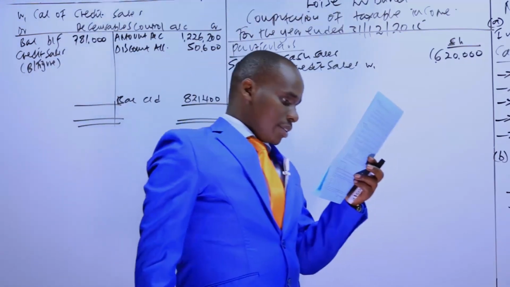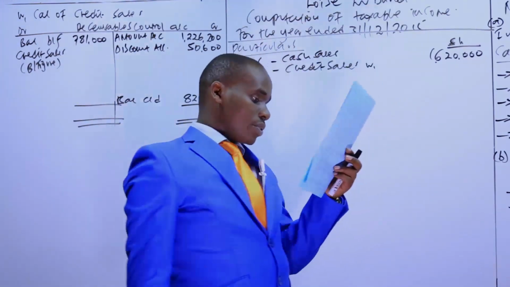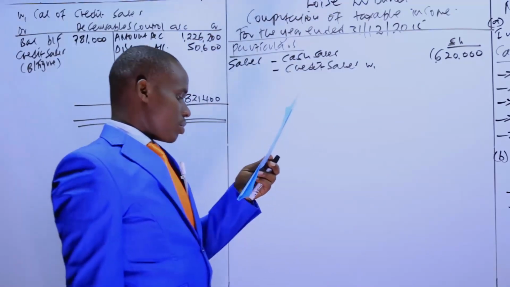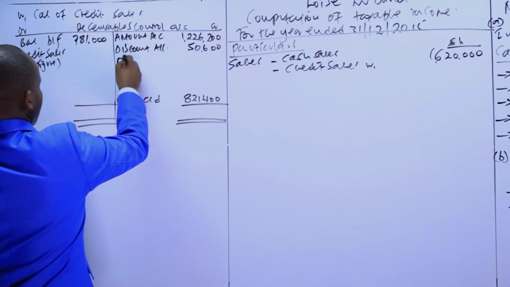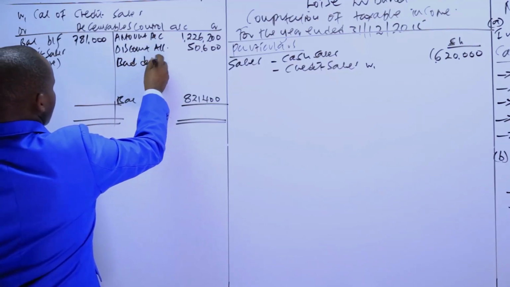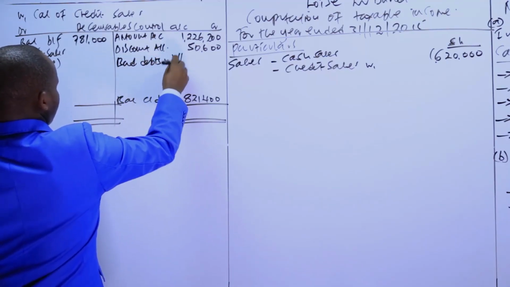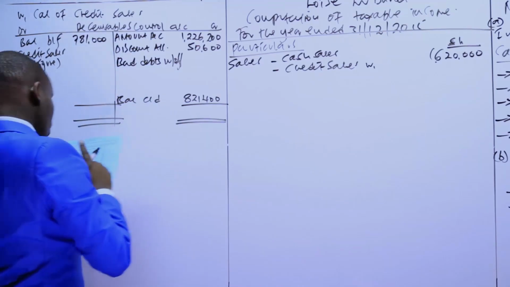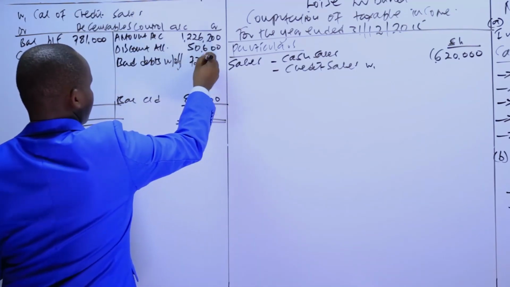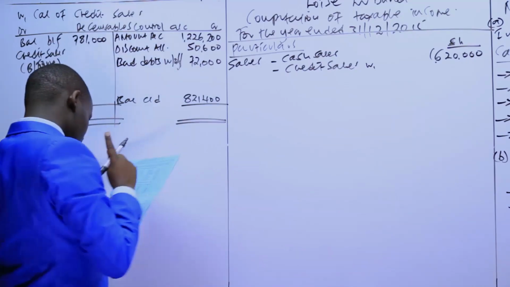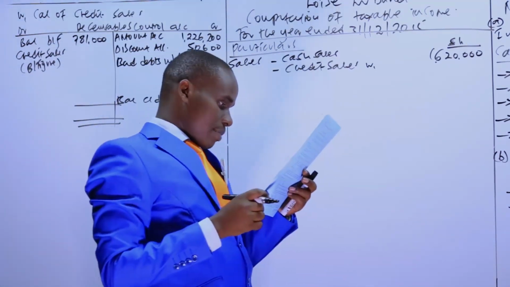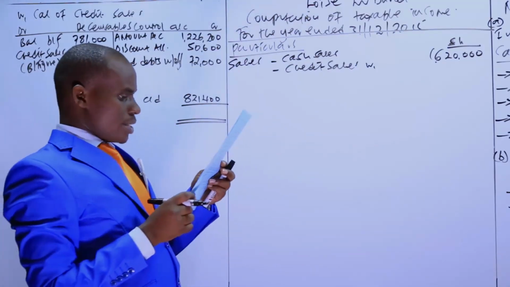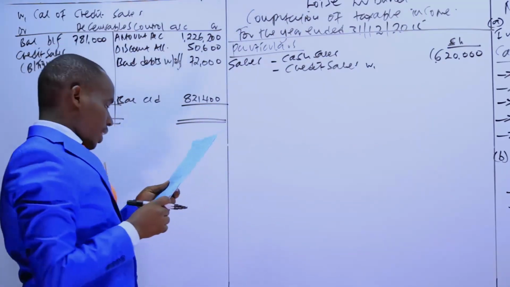Then note 2 drawings, note 3 depreciation, note 4 bad debts. Bad debts written off reduce the debtors. Bad debts written off 72,000. Those are the only items that affect the debtors.